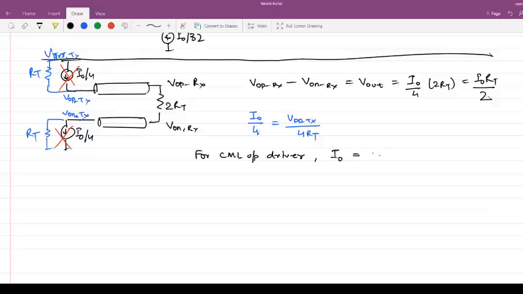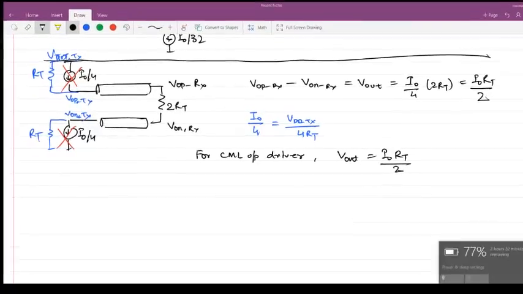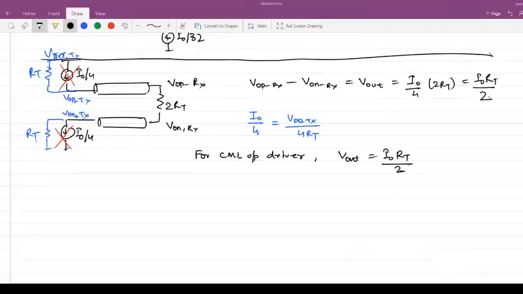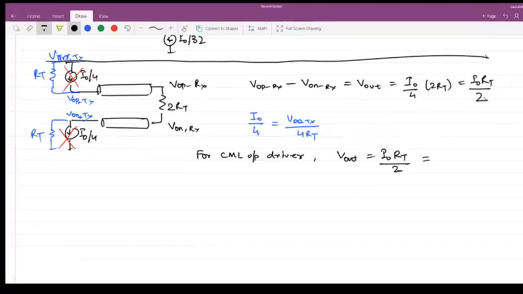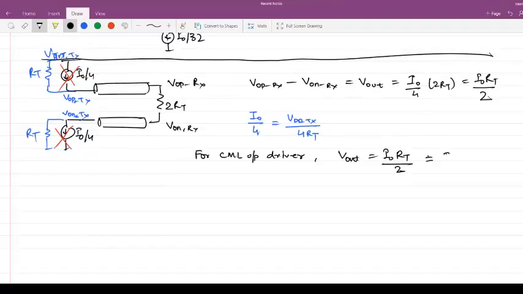For the current mode output driver, you have V output swing equals I0 into RT by 2, which implies that I0 is equal to 2 times V out by RT.